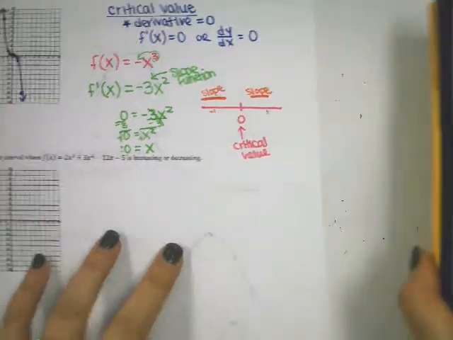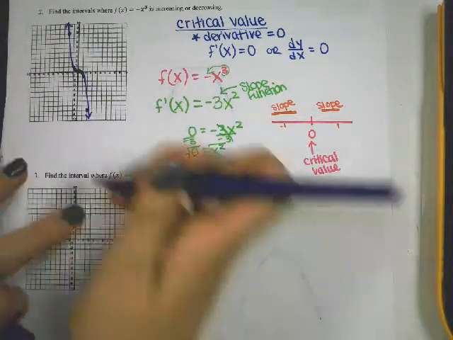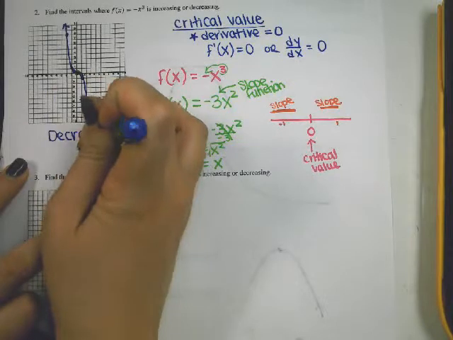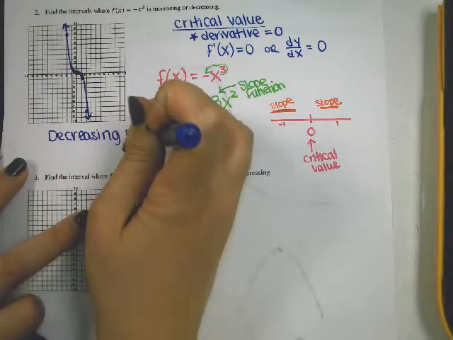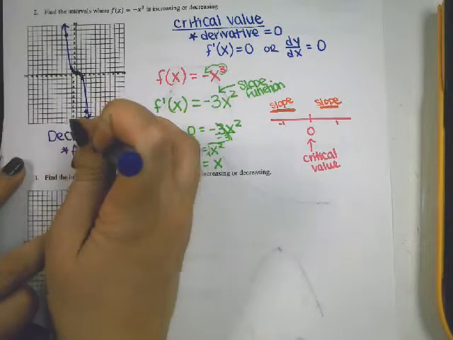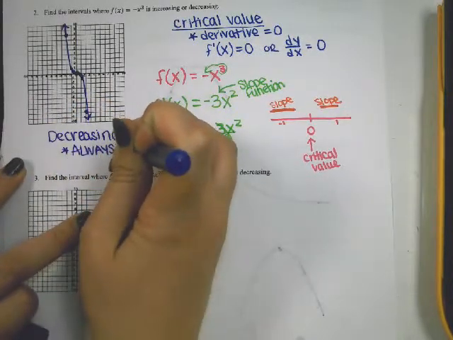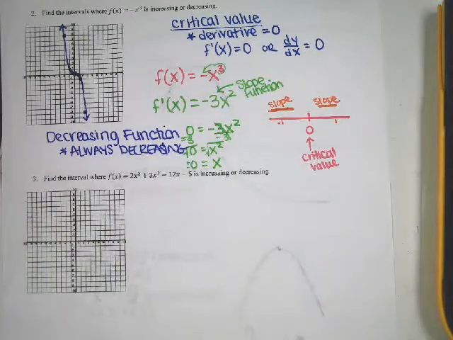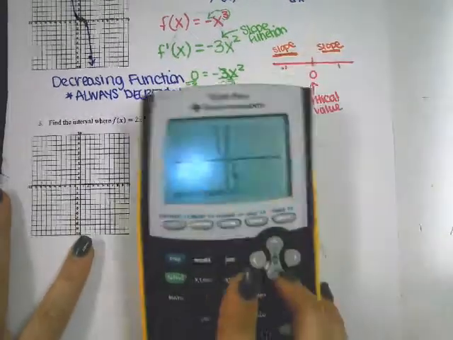Okay, so it's negative on both sides. So this would be called a decreasing function. So it's always decreasing. All right, let's look at the next one.